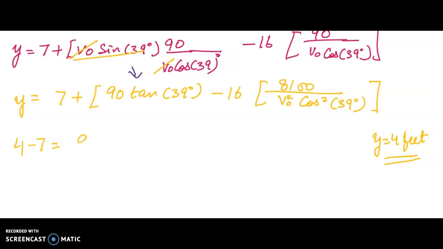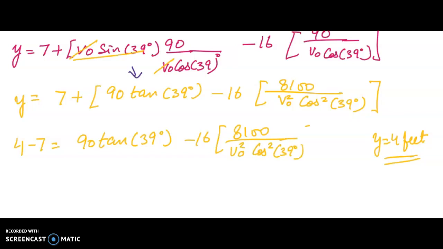It will give me 90 tangent 39 degrees minus 16 times 8100 over the rest, and this will equal negative 3. Then I can simplify.